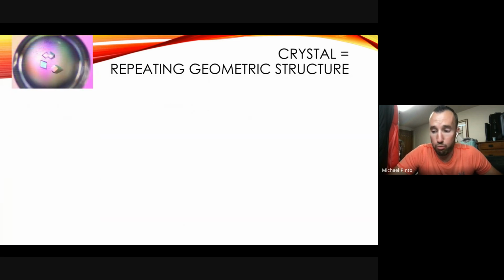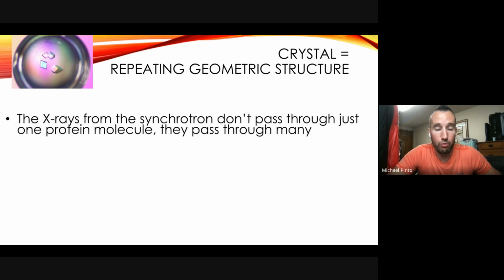Now, one thing about crystals: a crystal is a repeating geometric structure. With the X-rays coming from the synchrotron, just remember that they are not passing through one individual protein molecule. They're passing through many.